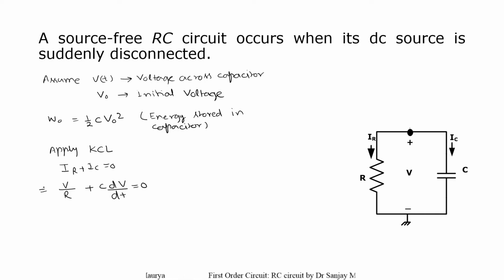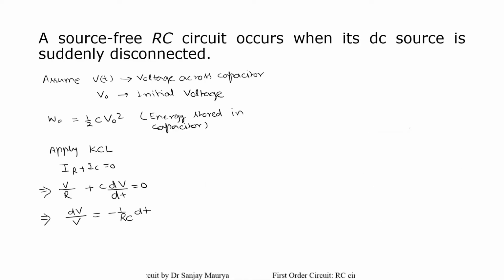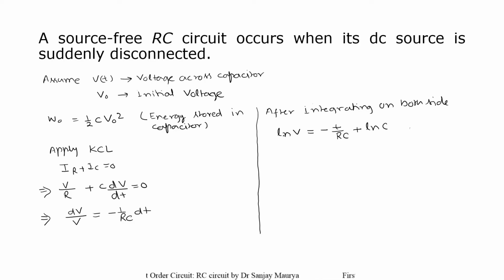So I can write it down. After rearranging, we can get dV by V is equal to minus 1 by RC into dt. Now after integrating on both sides, we can get log V is equal to minus t by RC plus log C. Here C is constant.